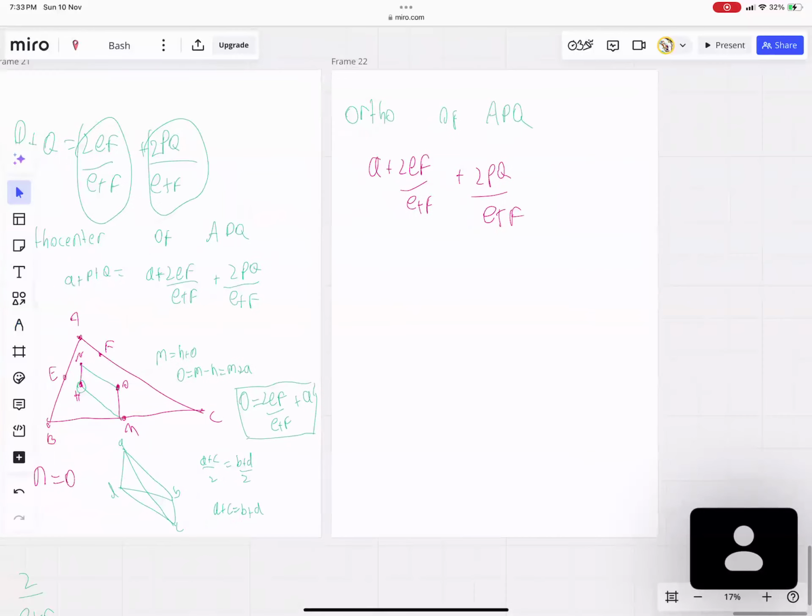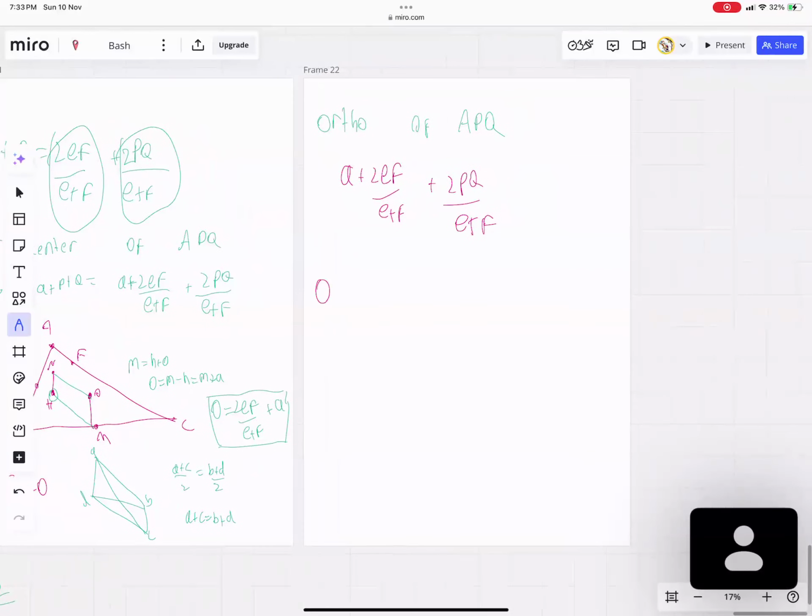And we got that the circumcenter, and we want to prove that the orthocenter lies on the circumcircle of ABC.